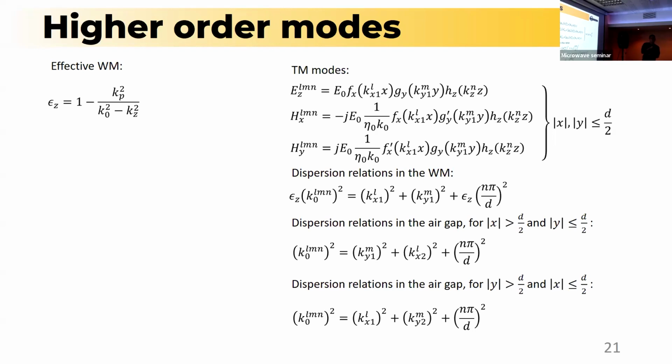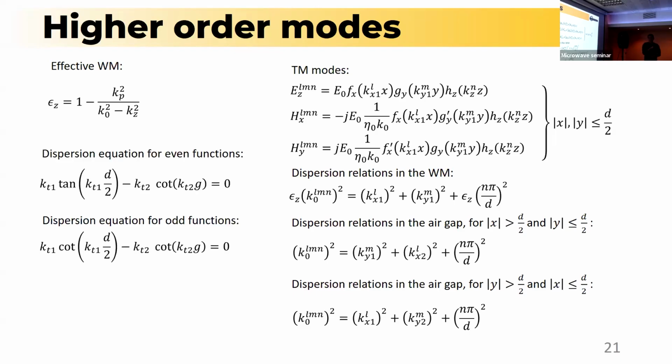Now we are free to get other kinds of modes, so they can be different in the X and Y direction. And the dispersion equations will look similar, but will allow us to get these components, particularly X components and Y components. This T stands for X or for Y.